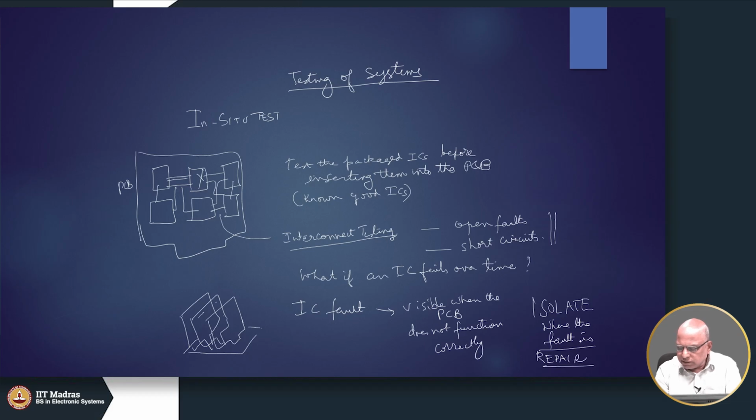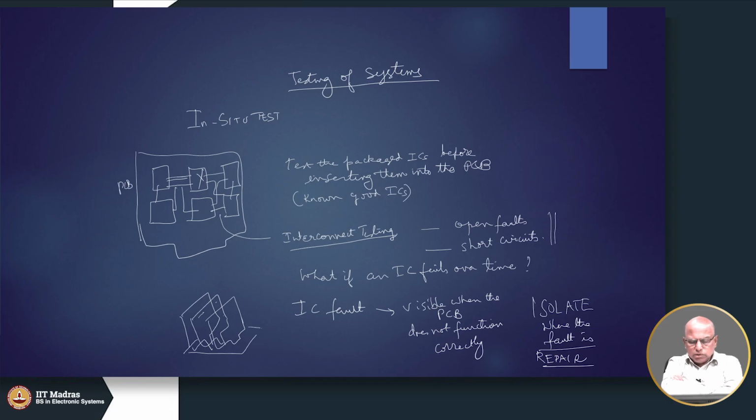See, unlike ICs, PCBs could be repaired. See, if the IC is bad, we really cannot do much. We have to throw it away. But in the PCB, if one of the ICs has gone bad, it may be possible for you to remove that IC, place a new one and make it work. So, that is what people would like to do.